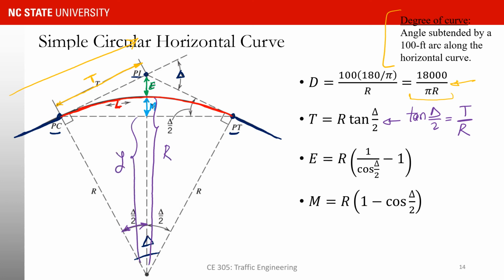So I call this distance Y now. So Y is going to be equal to R into cosine of delta over 2 if you look into this rectangle. And then if you just do the math, you're going to get this equation that I have there. And finally, L is going to be equal to pi over 180 into R into delta.